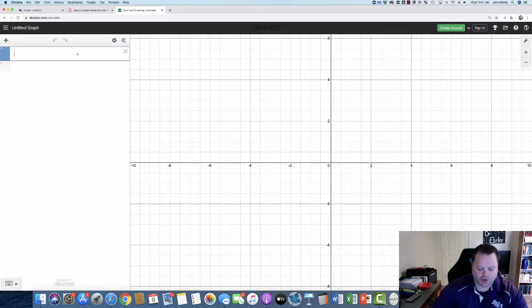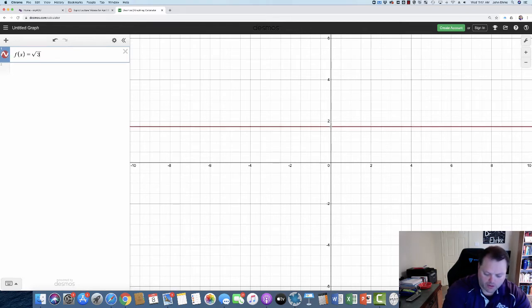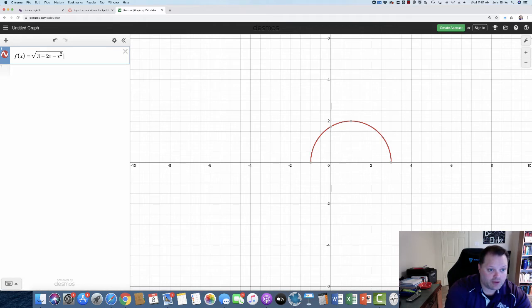And what I'm going to do is plug my function in. The original function that we had was the square root of 3 plus 2x minus x squared. And we're only considering this function on the interval from negative 1/2 less than or equal to x less than or equal to 3.